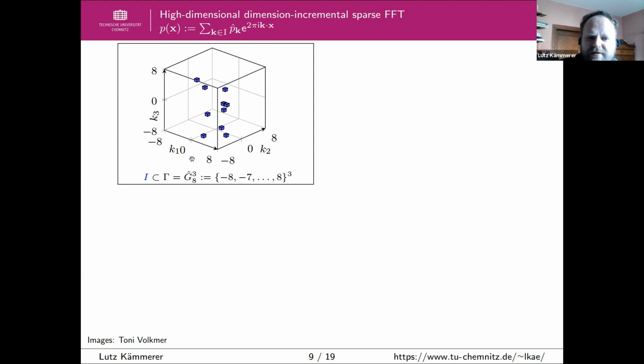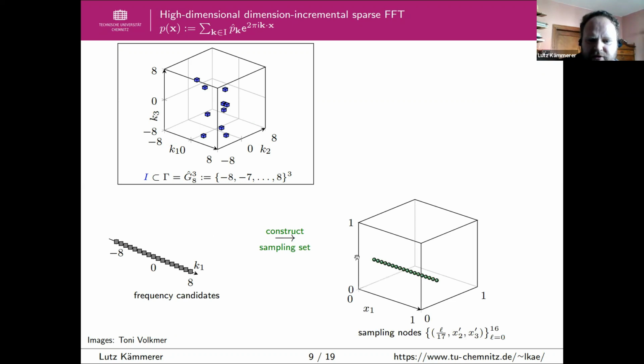These blue dots are the frequencies in this index set, and how to find them? The idea is just to say, maybe I can first find the first components of these blue dots, right? And what you do is you construct a sampling set, and the sampling set is really simple. You just fix x2 and x3. You choose them randomly or something like that, and then you fix them.